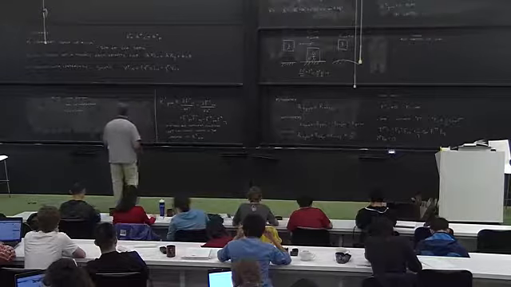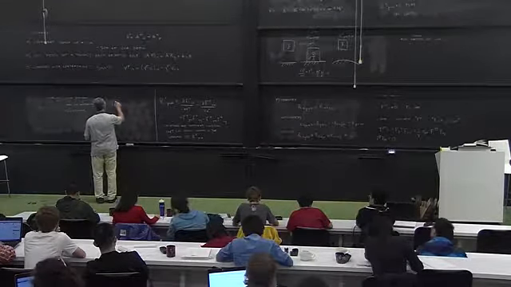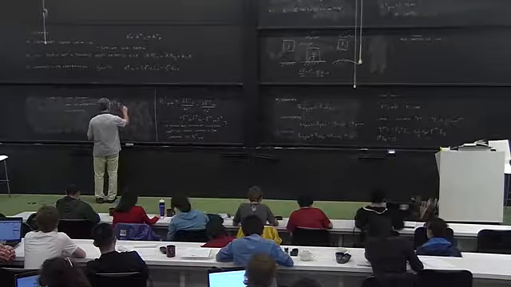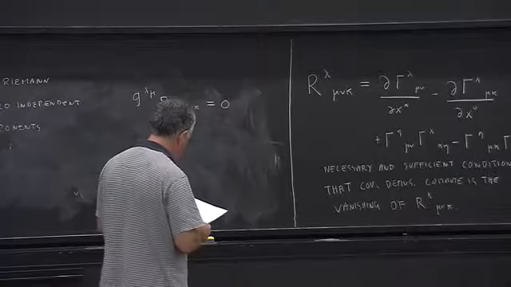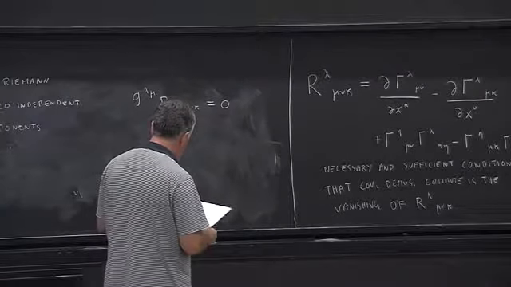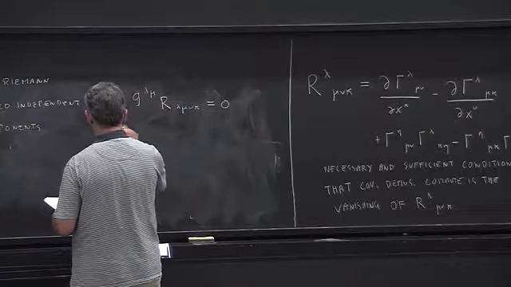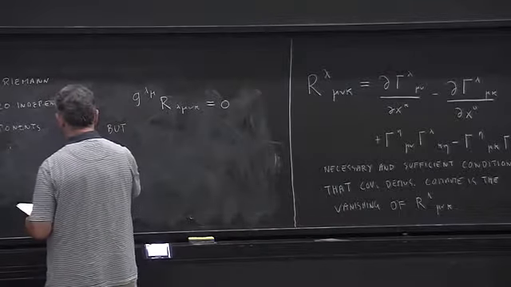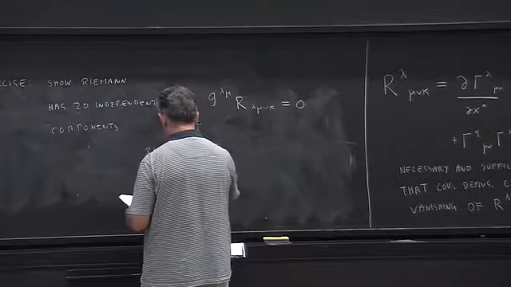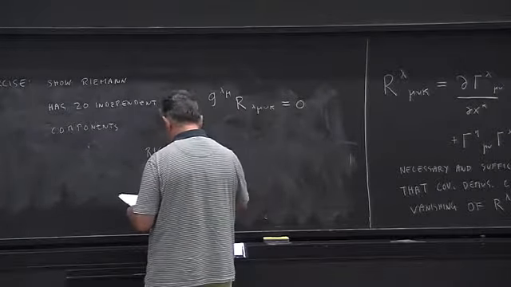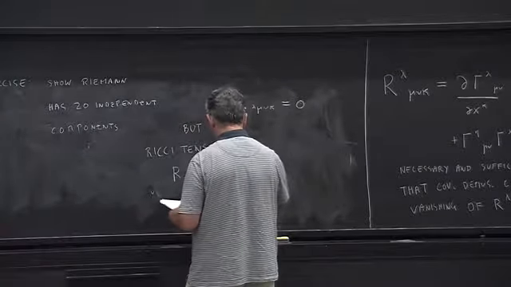And notice, by the way, that if we trace over lambda and mu we get 0 because of that antisymmetry property. But we can define something called the Ricci tensor, R mu kappa, where we trace over the first and the third.